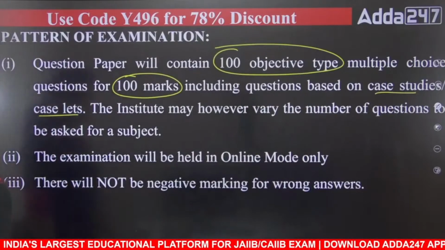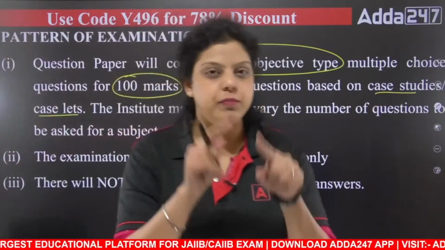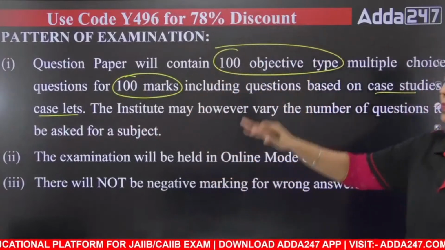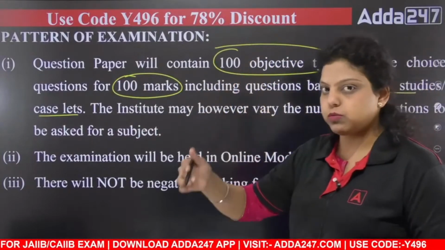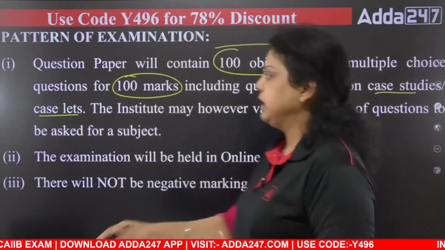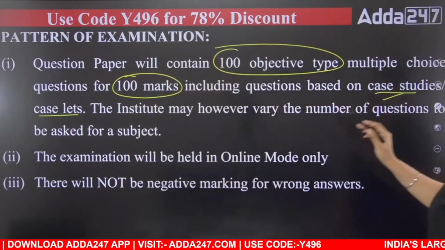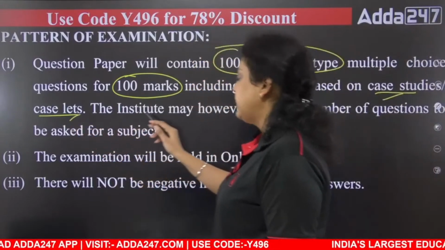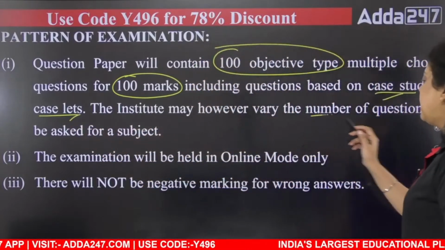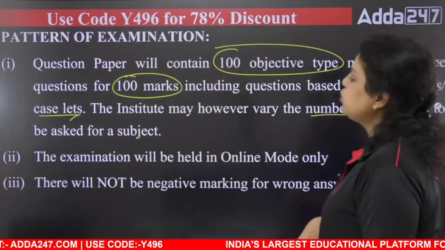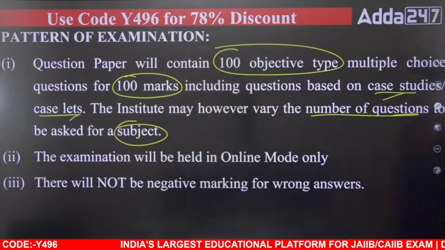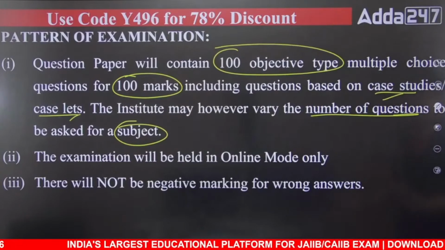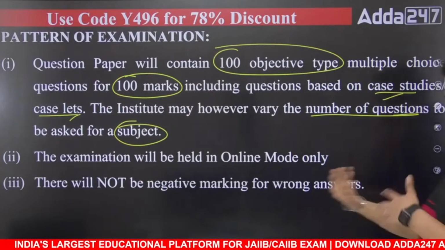So 100 questions, 100 marks, questions will be multiple choice, one question will be given, 4 or 5 options will be given to you, and you have to answer which of the following you think is correct. That will be a case study pattern or the caseless pattern. The institute may, however, vary the number of questions to be asked for a particular subject, that can be varied.